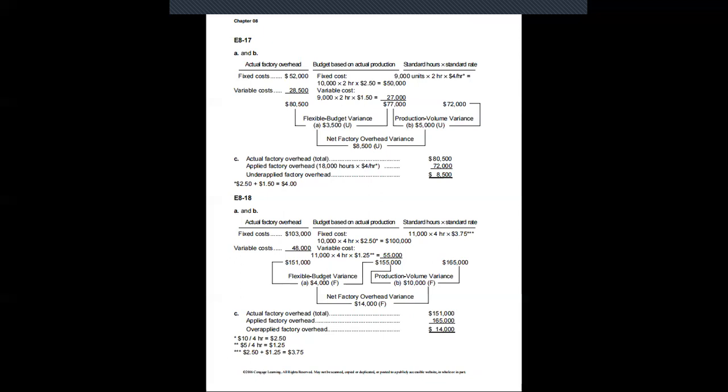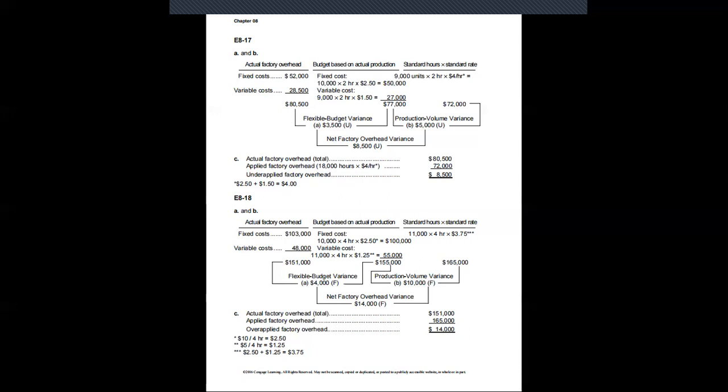So first we have the actual overhead and the budget based on actual production and the standard hours times the standard rate.